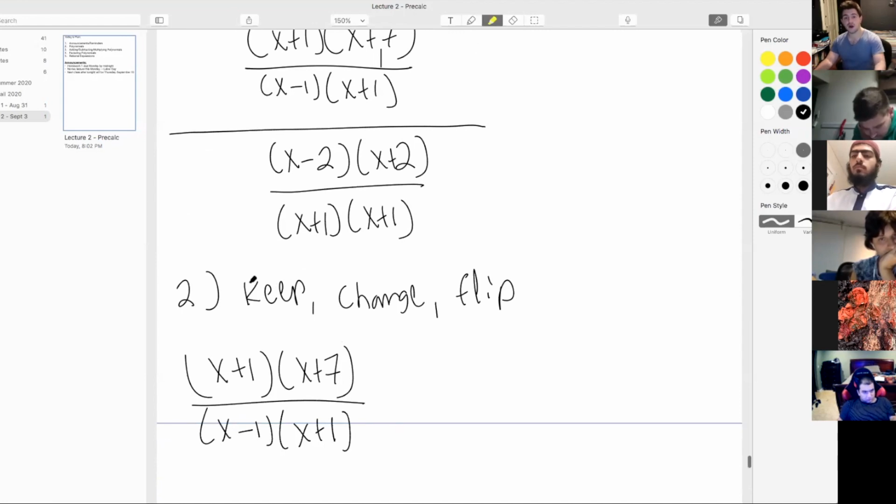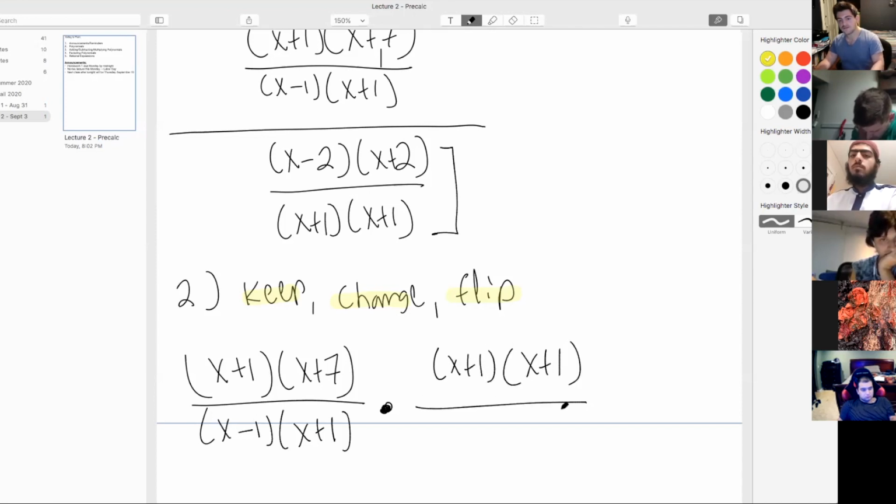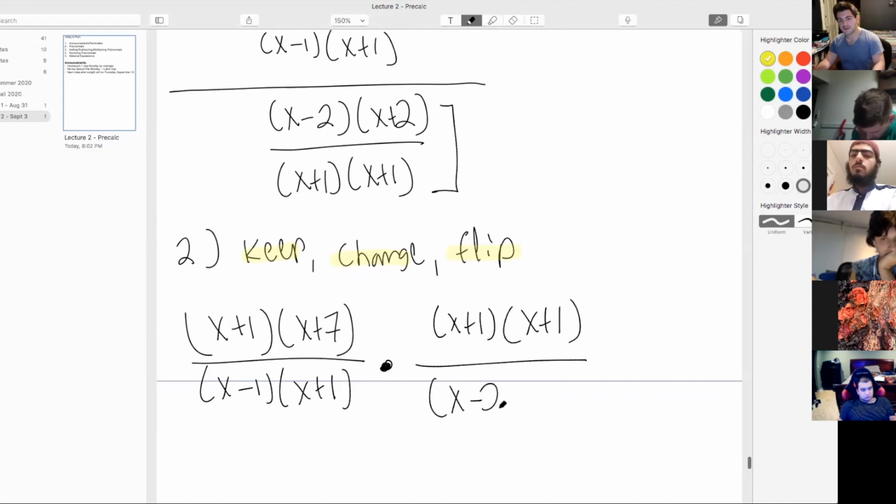The change part means I'm going to change the division to multiplication, so I change it to a dot for multiplying. And the flip just means I'm going to take the reciprocal. If I flip that one, I will get x plus 1 multiplied by x plus 1 divided by x minus 2 and x plus 2.